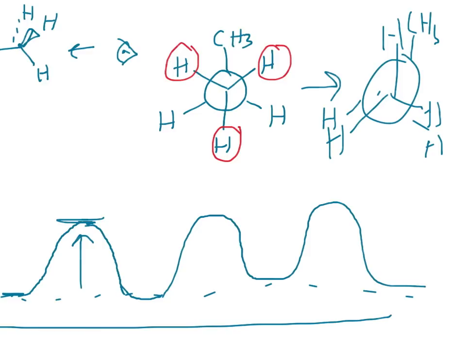So each of the three eclipse positions and each of the three staggered positions as you go around a full circle are going to be identical. There's not a difference like there is in butane, where you have a methyl group swinging around close to another one. So although there's a little bit more strain energy here, which increases relative to ethane, each of these relative to each other are the same. Okay?